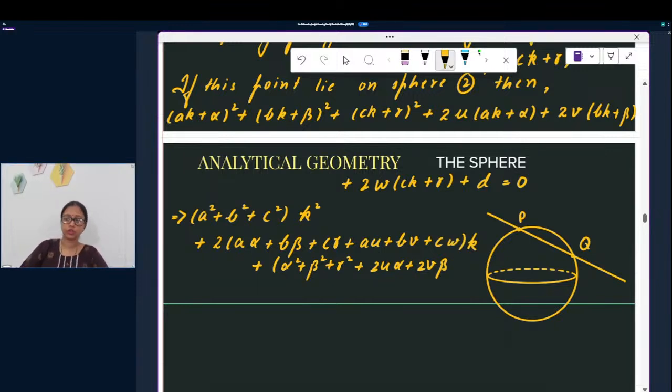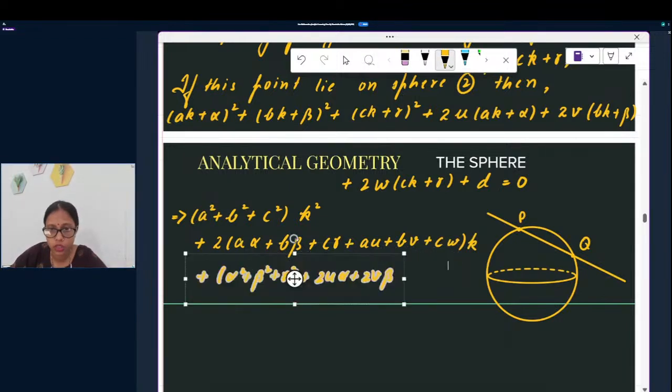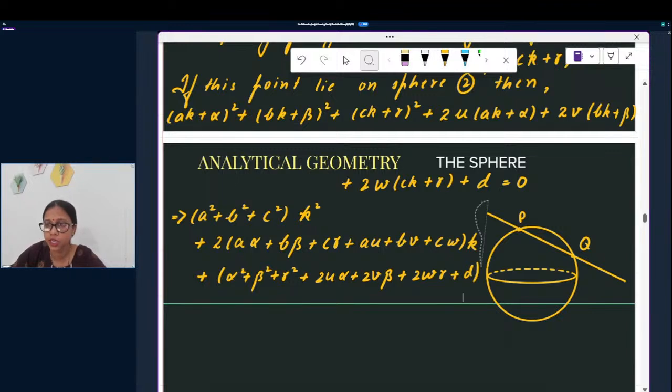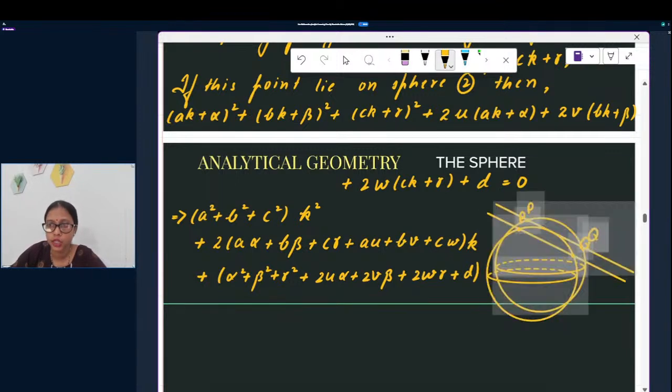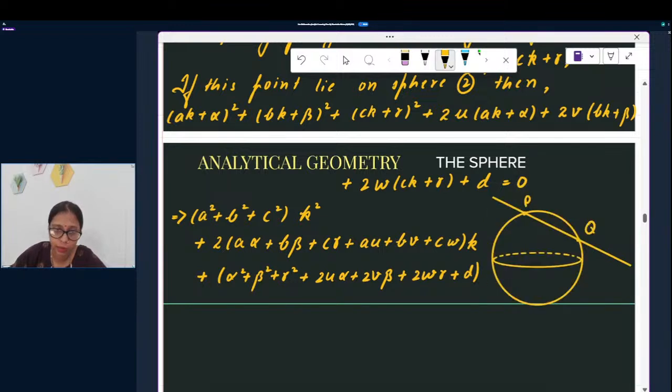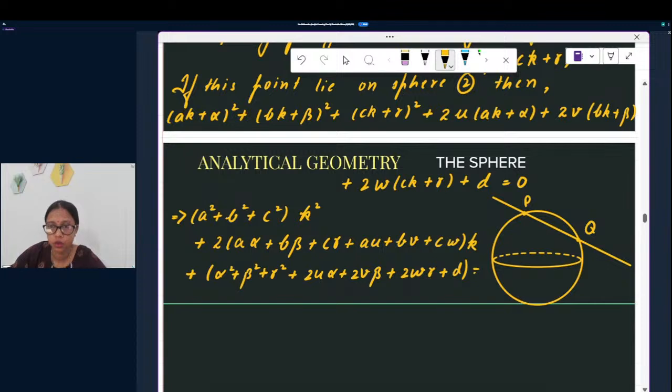And the constants are plus 2w gamma plus d, equal to 0. That's a quadratic equation in k.